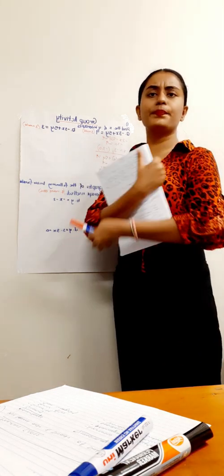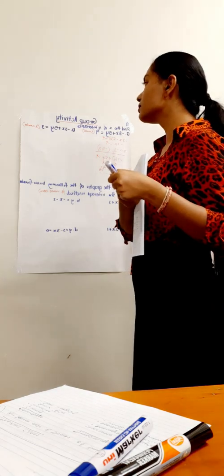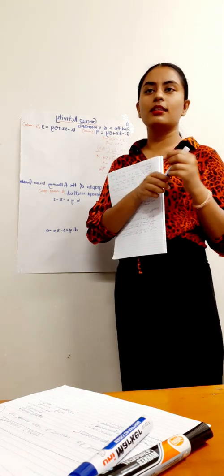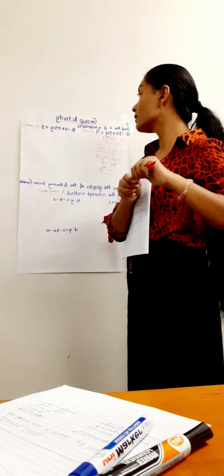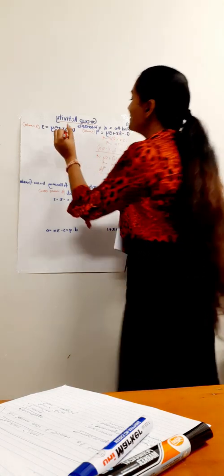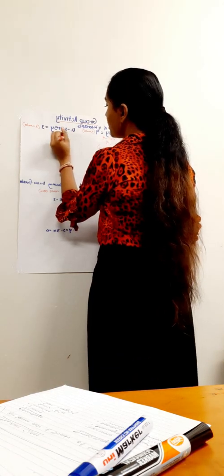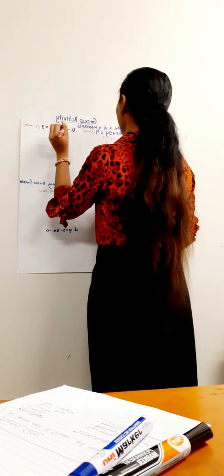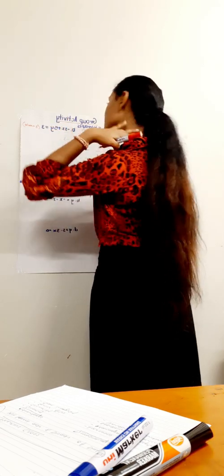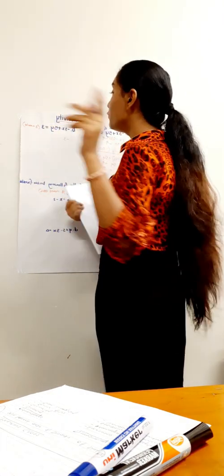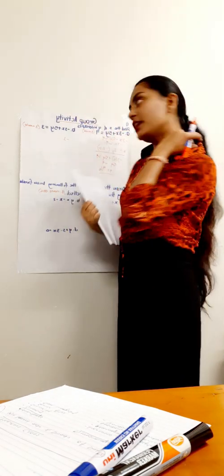Group B. Madam, please be loud and clear. Madam, negative 3x. Right. What is the y-intercept? 0. Right. Your full equation, the full working.